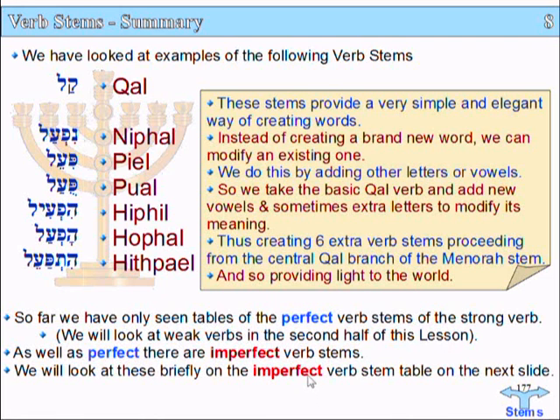The perfect verb stems are perhaps nicer and easier to identify, but some of the imperfect verb stems are a little bit more difficult to identify, and some of them are quite straightforward too. So let's have a look at that.